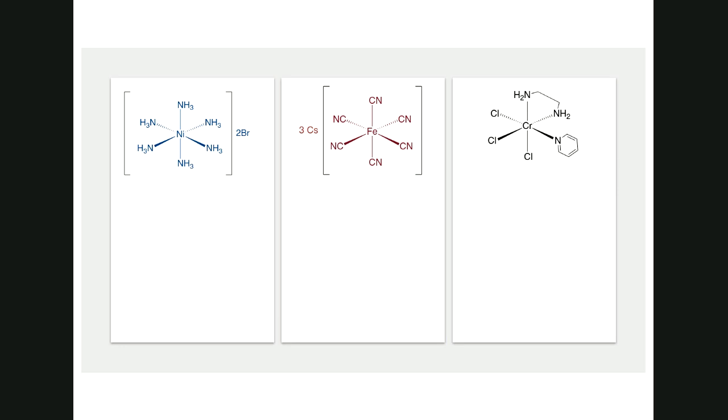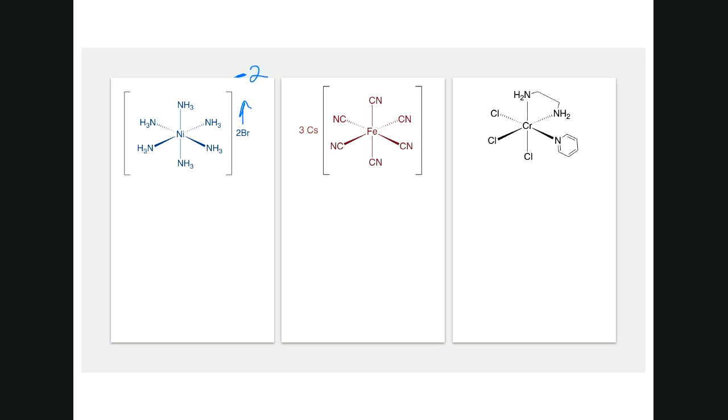All right. So if we look at this complex, we see that there's nickel in square brackets with 6 ammonia ligands around it and 2 bromides. Bromine is in group 7, so therefore if it's 2 bromide ions, each one of these should have a -1 charge. So 2 of them is going to have -2.